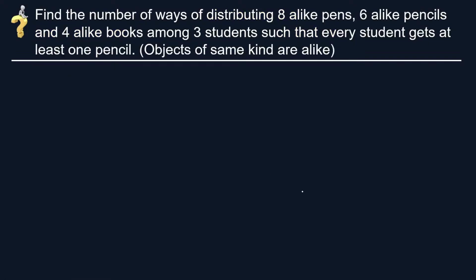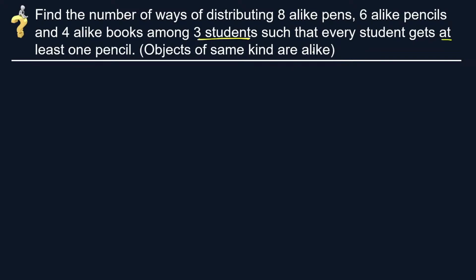See this question. Find the number of ways of distributing 8 alike pens, 6 alike pencils and 4 alike books among 3 students, such that every student gets at least 1 pencil.